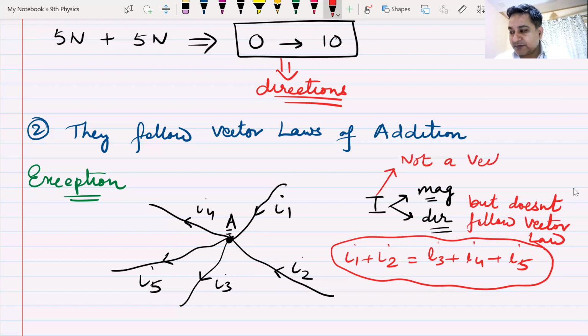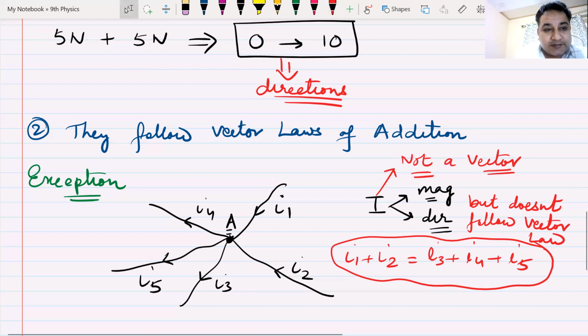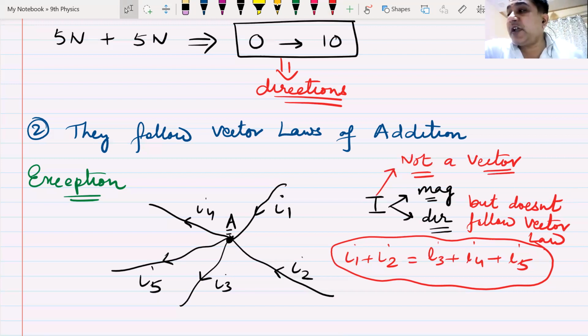So remember this. Current is one particular quantity which has both magnitude and direction, but it is not treated as a vector because it does not follow vector laws of addition. Am I clear with this? Yes, sir. That is why for this particular quantity, we have to add this red line in the entire definition.